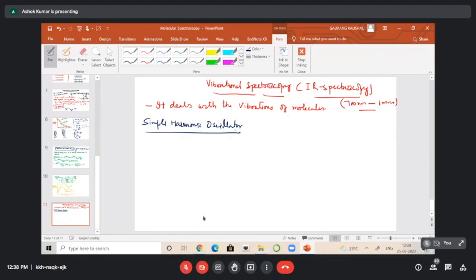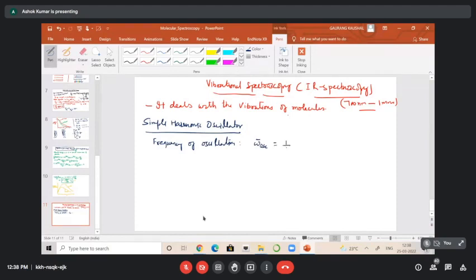Okay, and the frequency of oscillation of the simple harmonic oscillator can be written like this. It will be omega oscillation bar.